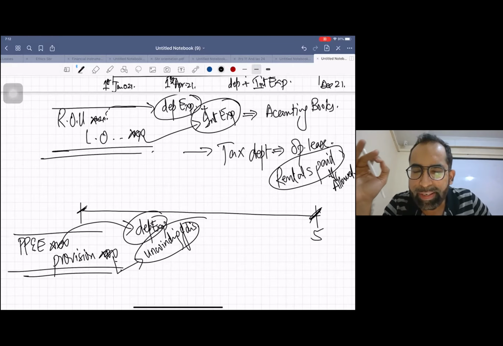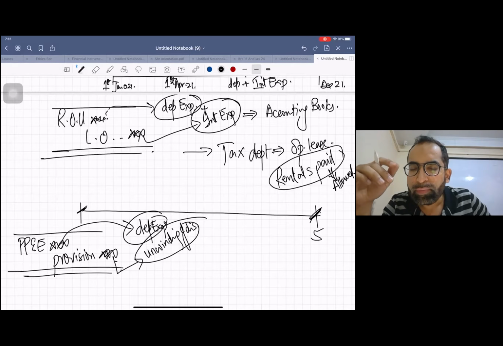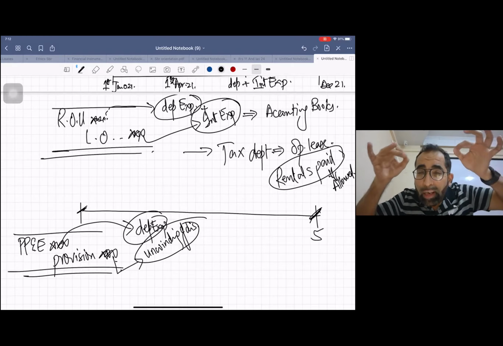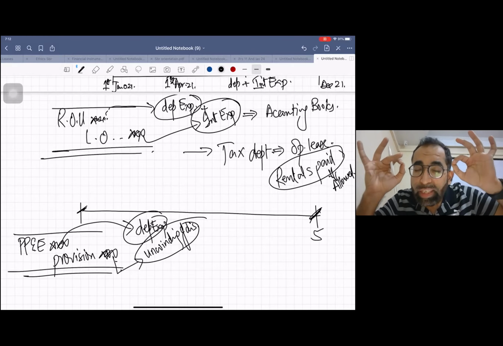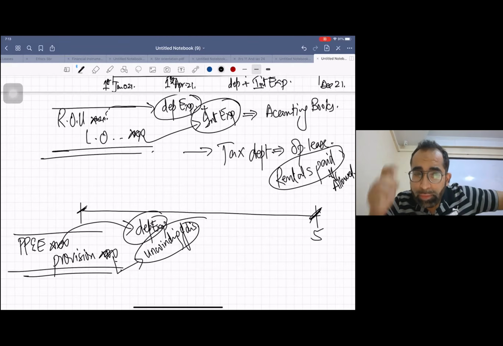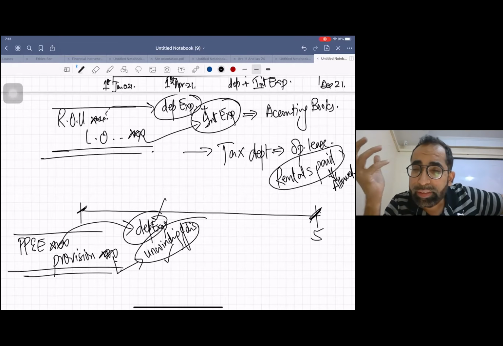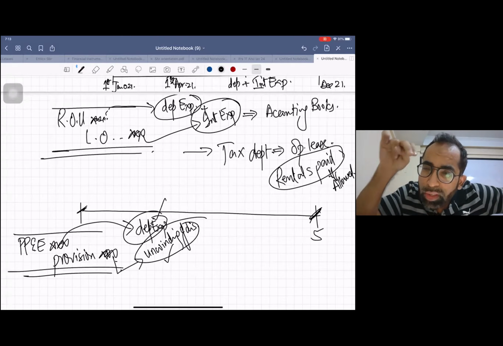We calculated this provision by computing the present value of future cash flows. So definitely unwinding of discount is needed. So students, in accounting books, right from day one, we book depreciation plus unwinding of discount, that is interest. These two expenses we are booking in accounting.